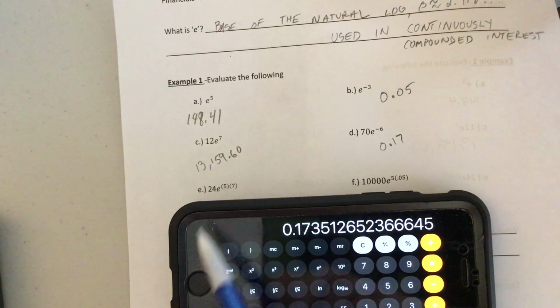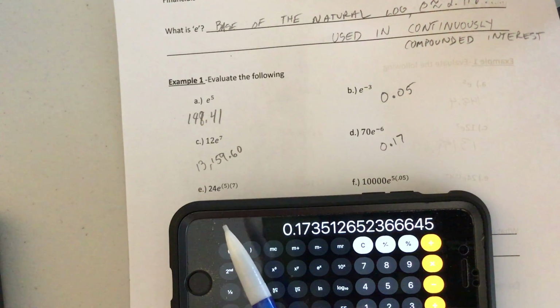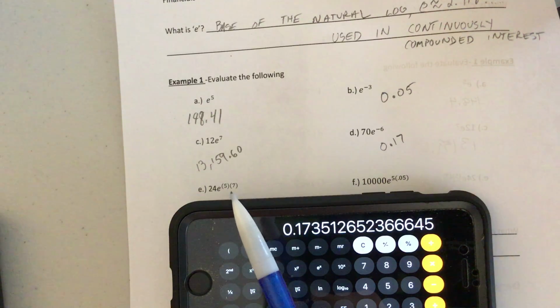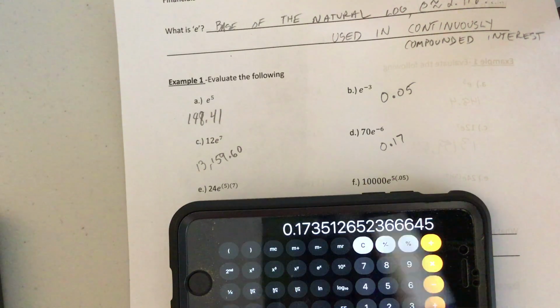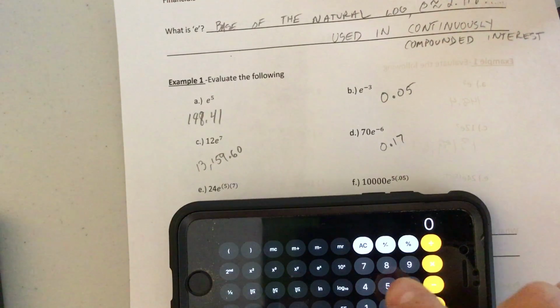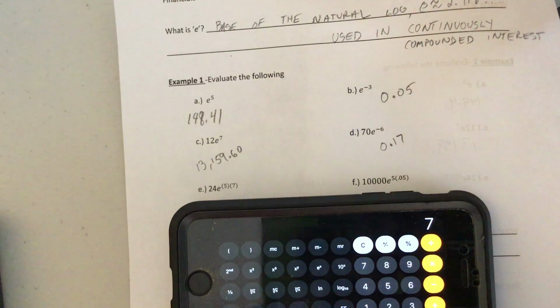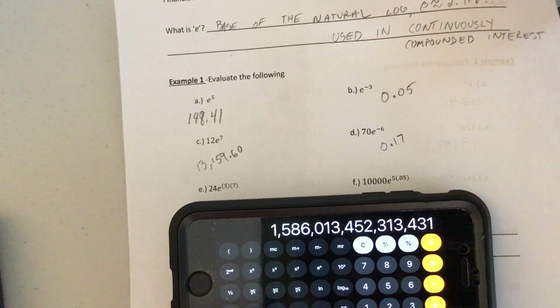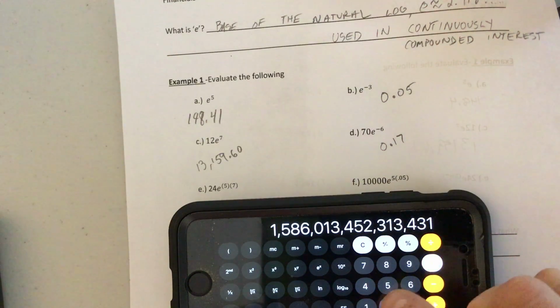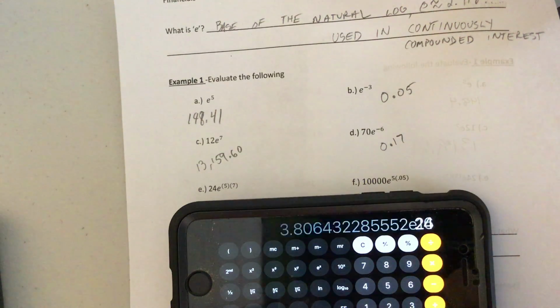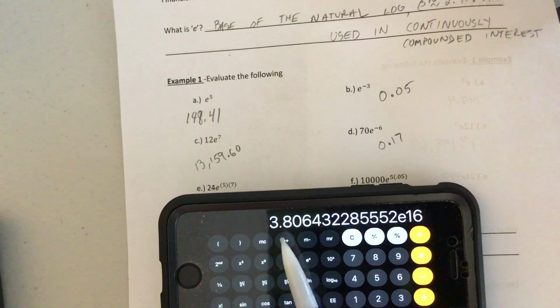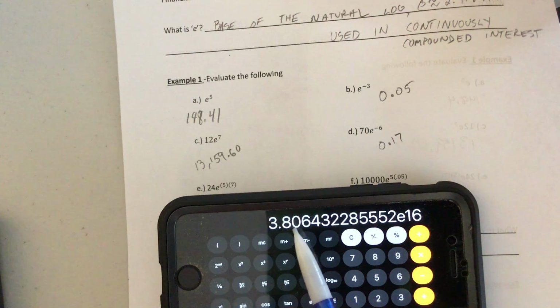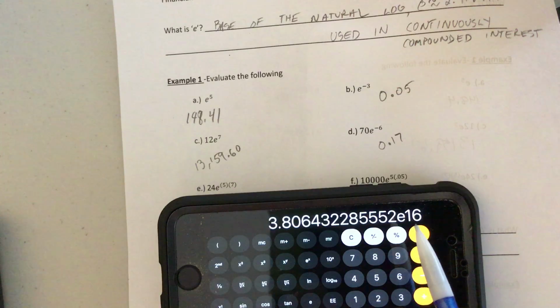Last one, letter E down here, 24 e to the 5th times 7. If I were you, I would multiply your exponents first, even though we know this, 5 times 7 equals 35. Multiply them first, then hit e to the x. Then take that and multiply it by 24. You're going to see this preposterous looking number, 3.8 e to the 16th.